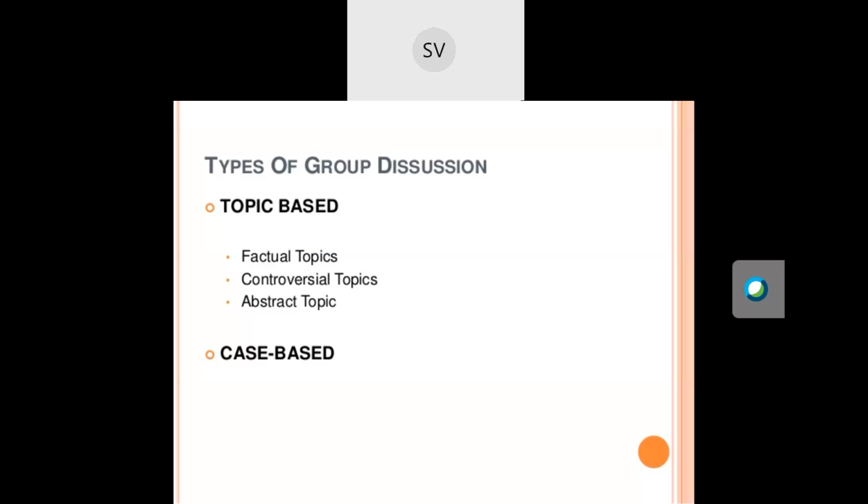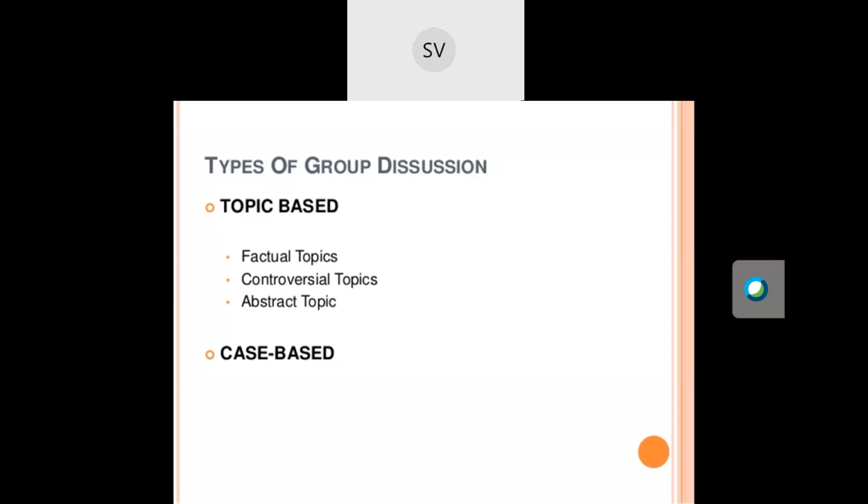Next slide is types of group discussion. First, topic based. Factual topics are about practical things which an ordinary person is aware of in his day-to-day life, like socio-economic topics, etc. Second one is controversial topic. Controversial topics are the ones that are argumentative in nature.